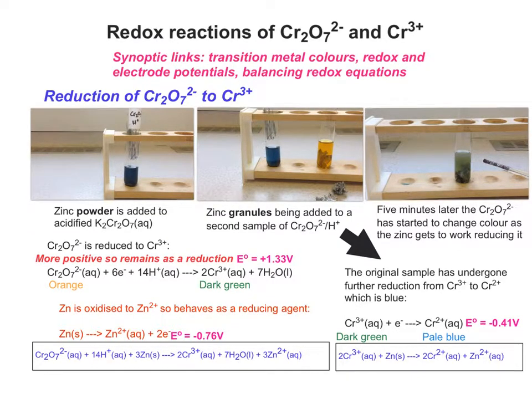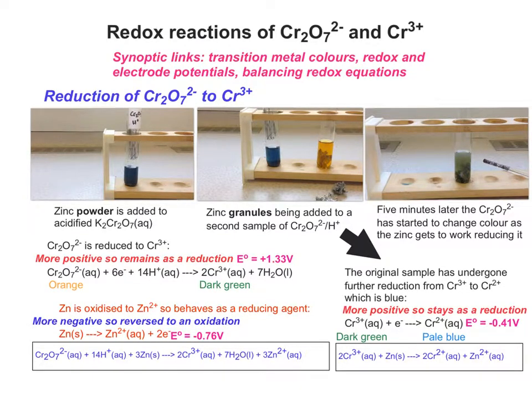So the dichromate reduction down to Cr3+ remains as a reduction in the presence of zinc because its electropotential is definitely more positive. But what about the second reaction, the one in the bottom right-hand corner? In this case, minus 0.41 is more positive than minus 0.76.